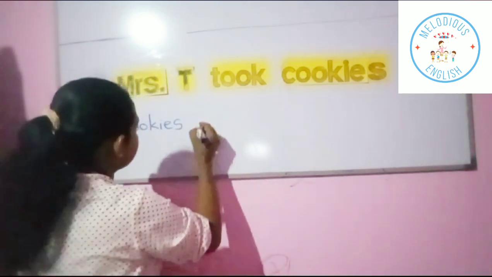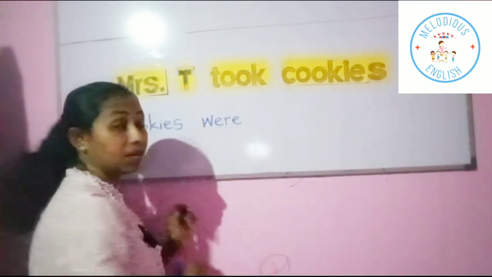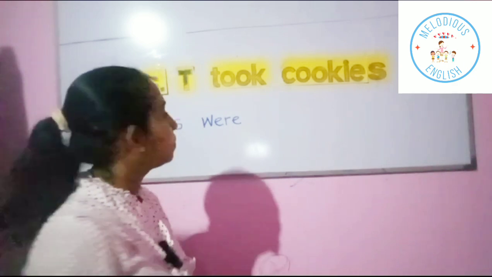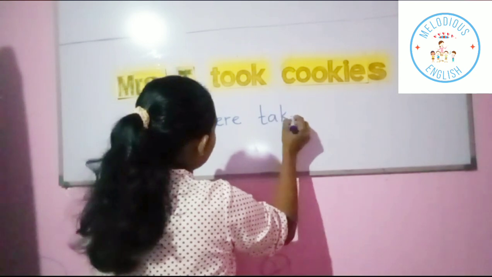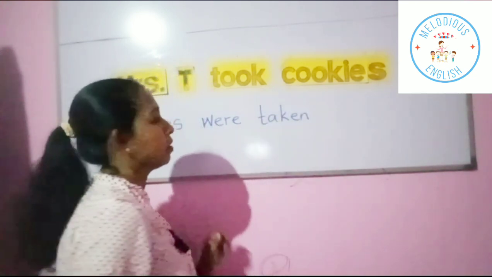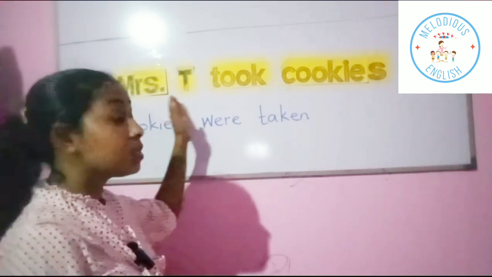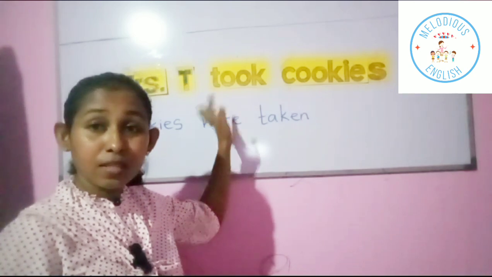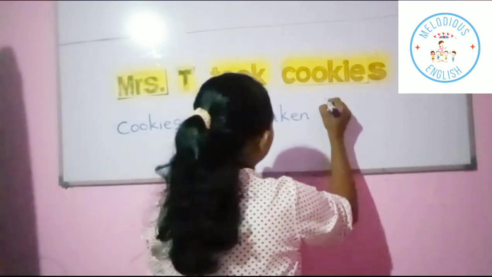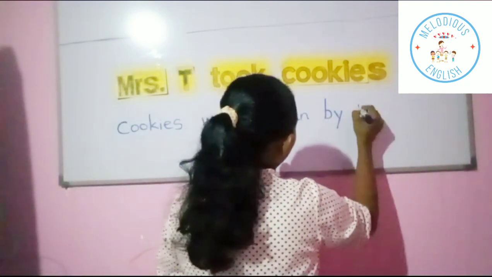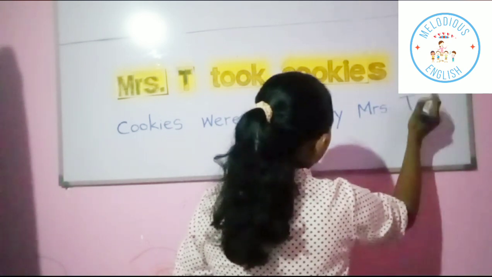Were. The main verb, again, taken. Then, what happens to the subject of this sentence? By Mrs. T.